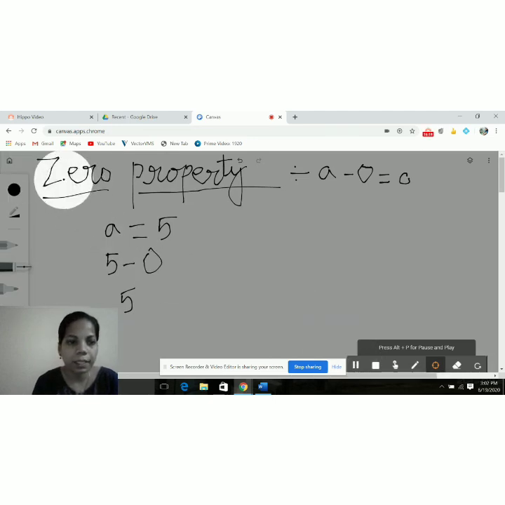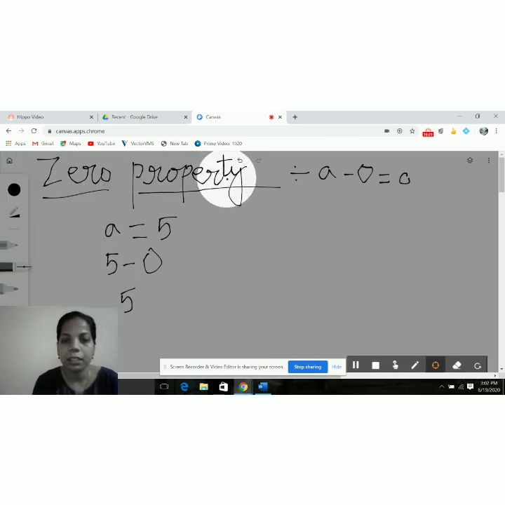The next property is the zero property. What is the zero property? If a is an integer, then a minus 0 is equal to a. I repeat, if a is an integer, then a minus 0 is equal to a.